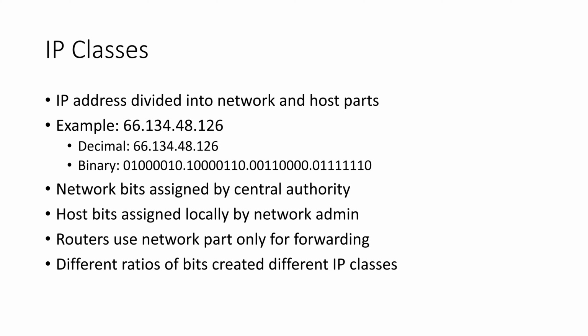The network bits are assigned by a central authority. The host bits are assigned locally within the organization or the network. Routers only look at the network portion of an IP address when forwarding data, not the host part. And by varying the number of network and host bits, early designers created different IP address classes to suit different sized networks.